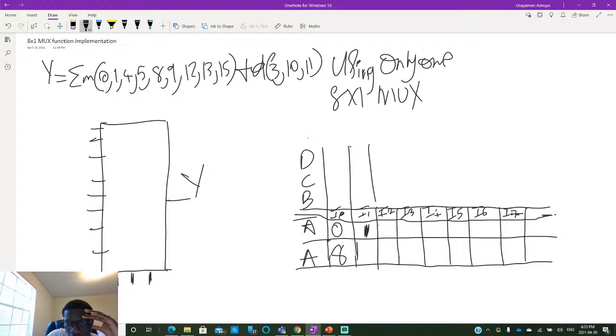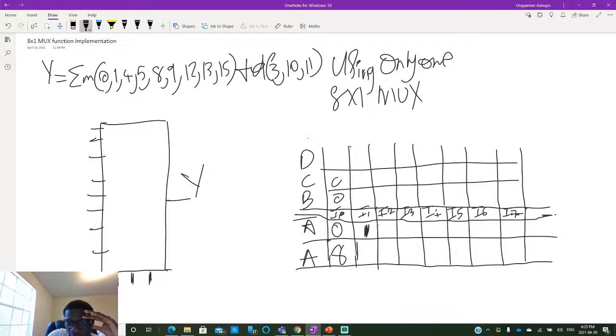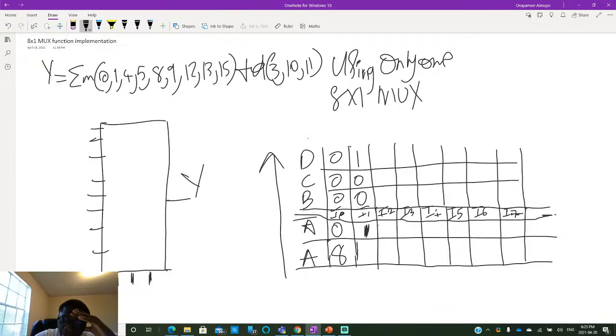So basically all we're trying to do is to write the resultant minterms in each cell of the table that we have below. Okay. So this would be 0, 0, 0. This should be 0, 0, 1. So it goes from like this, bottom to top.